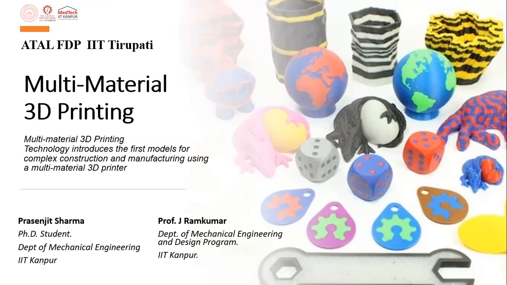What do you mean by rapid manufacturing? Rapid manufacturing means whatever I produce, I can directly put into real-time use. So now slowly, rapid prototyping is moving towards rapid manufacturing.